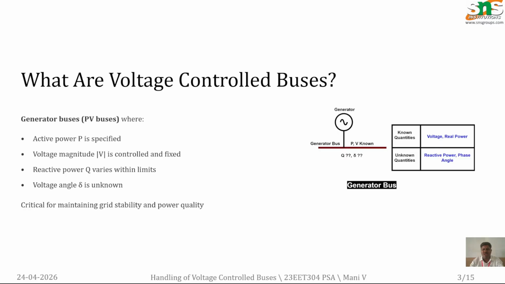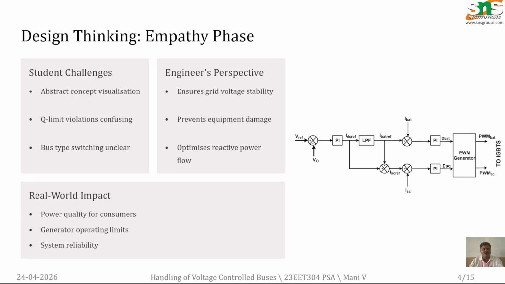So what is the main issue we are facing here? It is critical for maintaining the grid stability and the power quality supplied to the consumers. In the empathy stage, in order to maintain the voltage stability, if the reactive power limit is violated, what do we have to do?